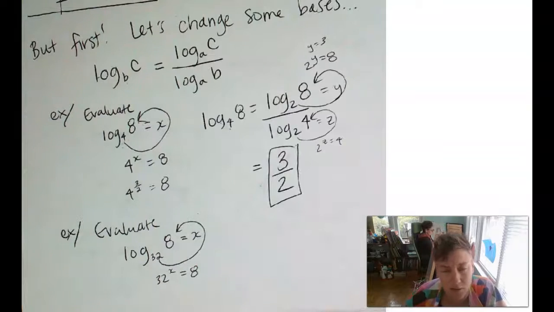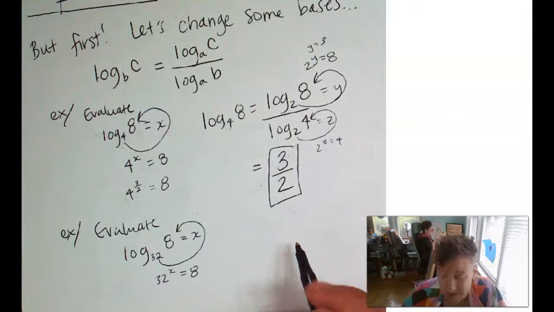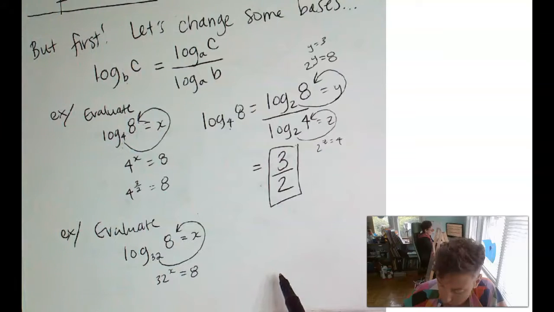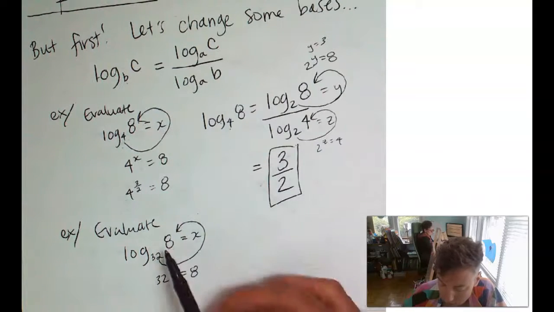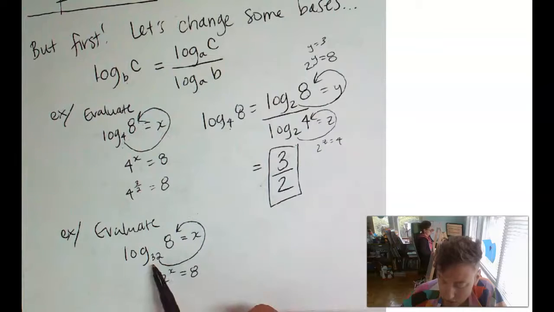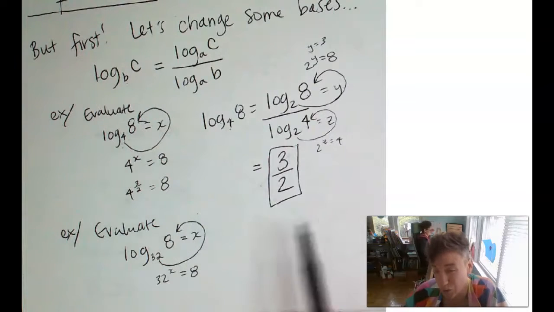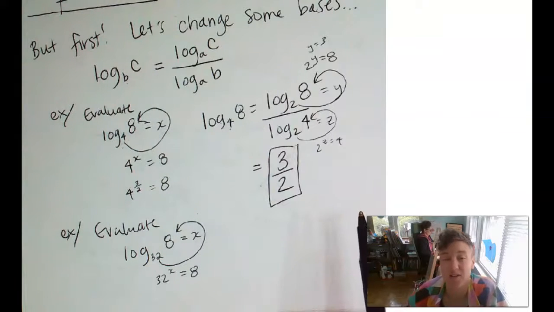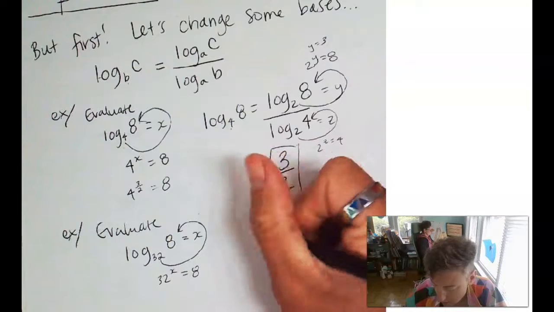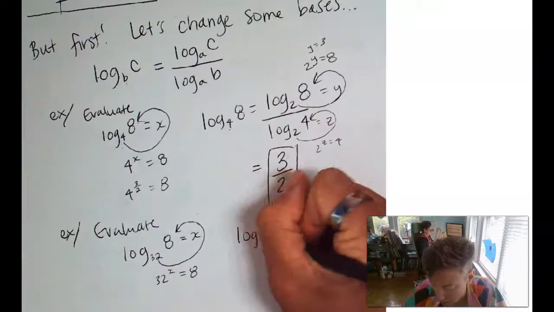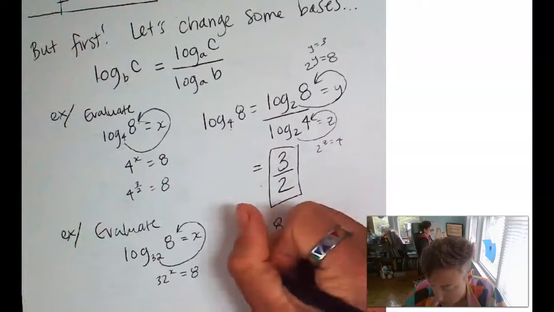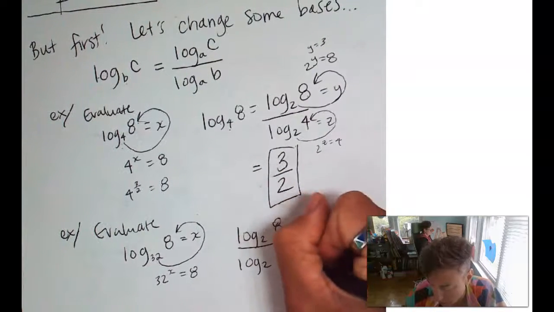Yeah, I don't know. Some sort of fraction situation again. So let's convert to a base that is helpful here, which is going to be what? Well, 2 to the third is 8, and 2 to the fifth is 32, so I want a base of 2. So we'll do log base 2 of 8 over log base 2 of 32.